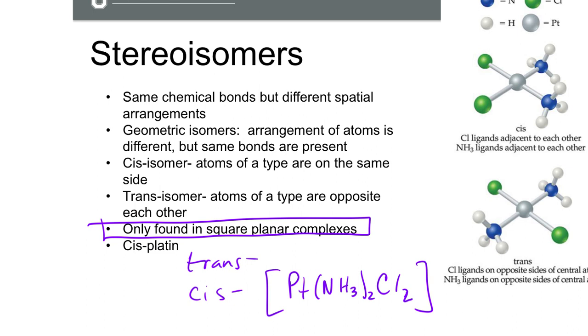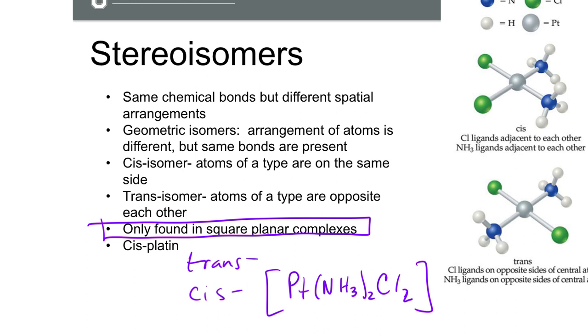If you have, in complexes that have 4 bonds to the central metal atom, we're ignoring the lone pair electrons. We have our options for geometry of, what do I see up here? Options of geometry of square planar or tetrahedral.